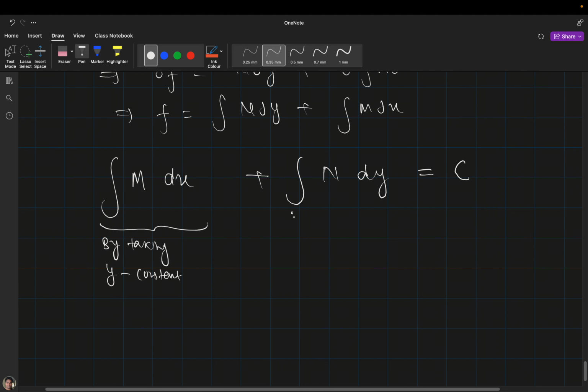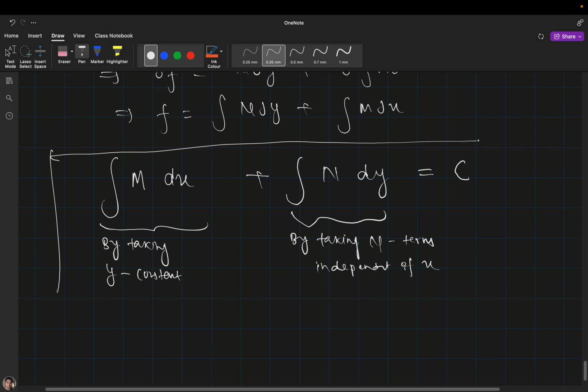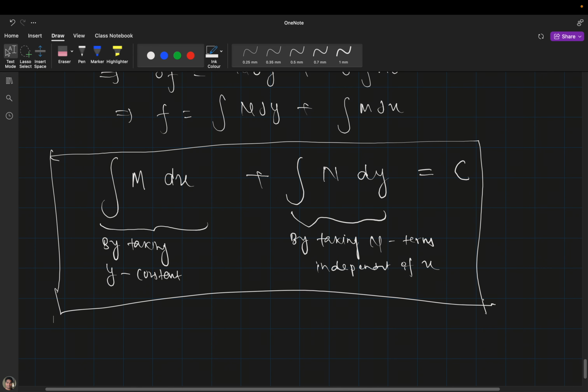And this integral has to be solved by taking N terms independent of x. So this is the solution when you want to solve an exact form of differential equation.